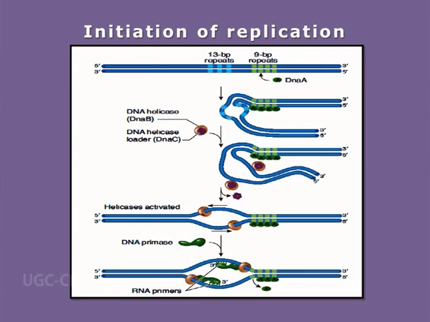The DNA B, which is a helicase, is delivered to the origin of replication by DNA C. DNA B binds to the 13-mer, unwinds the DNA double helix as shown in this slide, and as a result, the closed complex formation changes to the open form. Now, when it changes to the open form, the 2 DNA strands become single-stranded and are covered by single-strand binding proteins, and they can now serve as templates for DNA initiation.